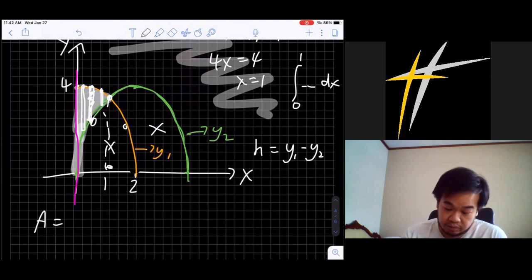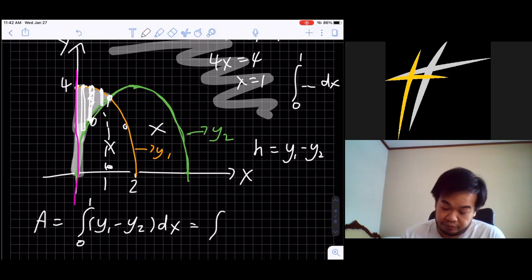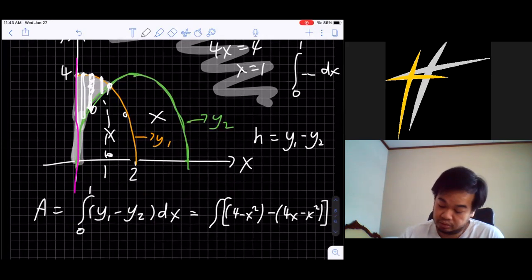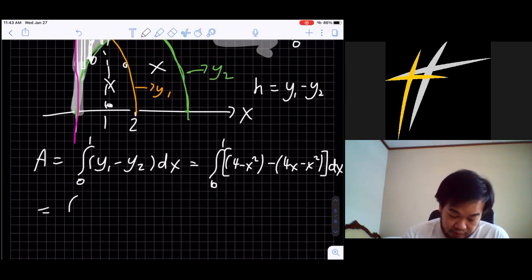The area is equal to the integral evaluated from 0 until 1 of y1 minus y2 dx, with dx as the width, always. So it's equal to the integral of y1, which is 4 minus x squared, minus y2, which is 4x minus x squared, dx, from 0 until 1.